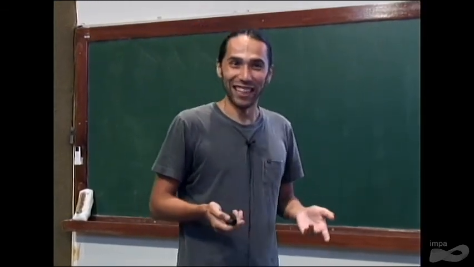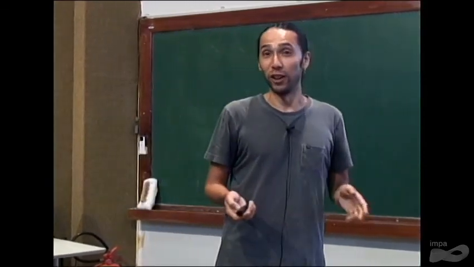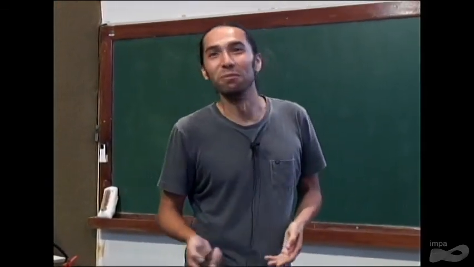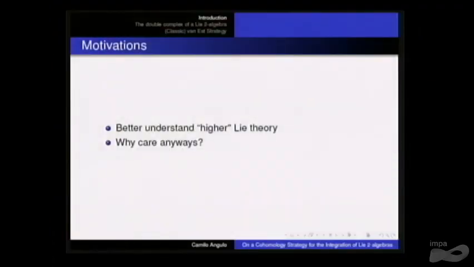I haven't told you what LA groupoids are, and it could seem like a rather arbitrary thing to study. So I'm going to tell you very briefly what they are, and try to justify why they are interesting to study and where the Lie theory that I'm talking about appears.